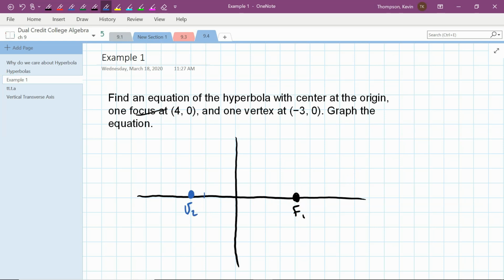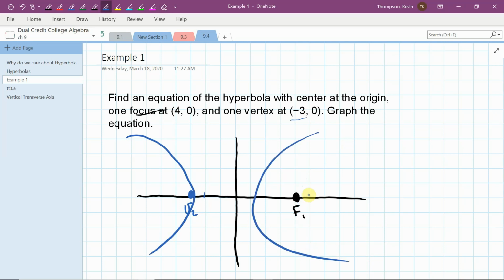Now, when you think about the hyperbola, there is symmetry, which means if there's a vertex at (-3, 0), there must be one on the other side. Here, I know that this is some hyperbola that's opening left or right. Sorry, that one's wrong. Left or right like this.